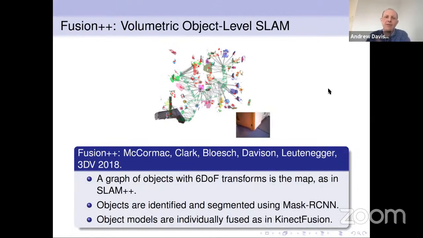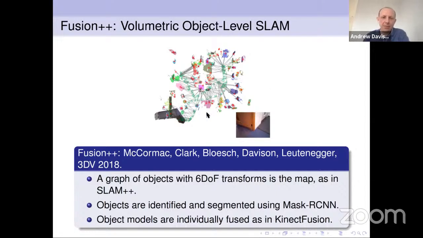So what do we do if we don't have exact CAD models of the objects we want to map? We could go all the way and say, what if we have no specific knowledge of the shapes of objects? All we have is a 2D segmentation engine, such as Mask R-CNN, which will tell us what are the separate objects in an image.